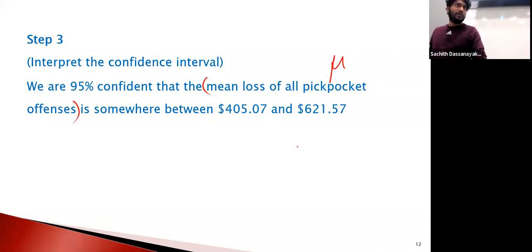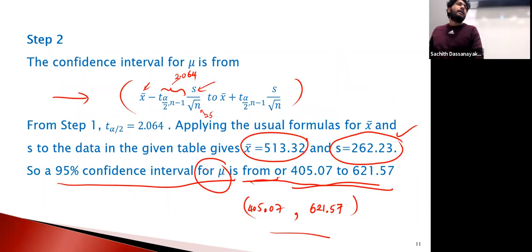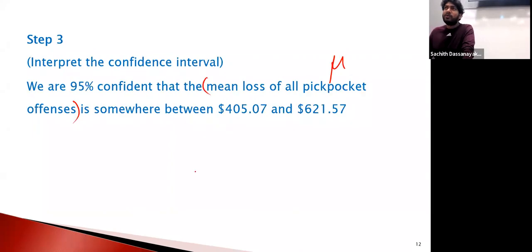Because if someone else not in this class reads this, he doesn't know what this mu is. So for a general audience you should write the interpretation like this.